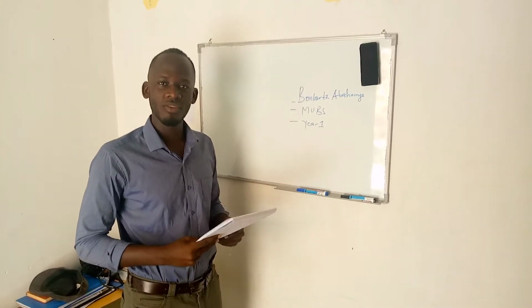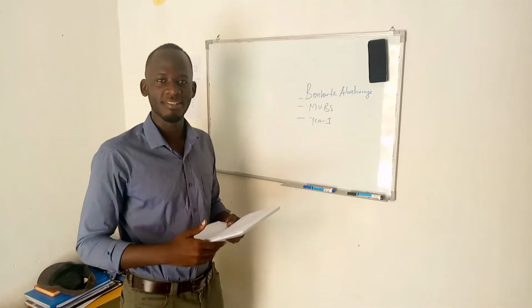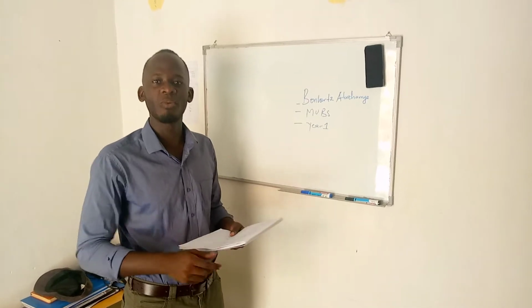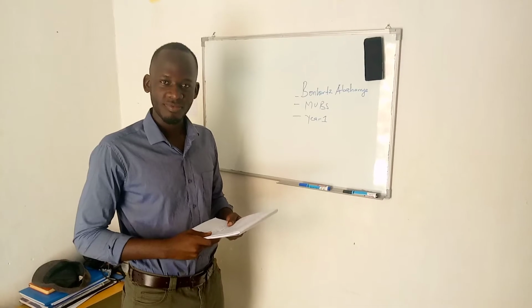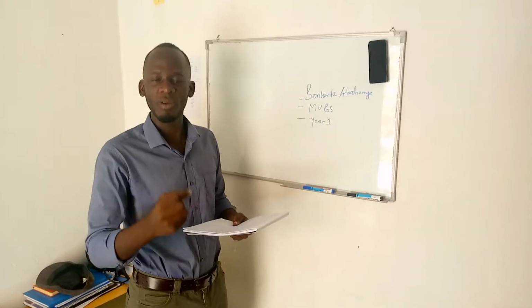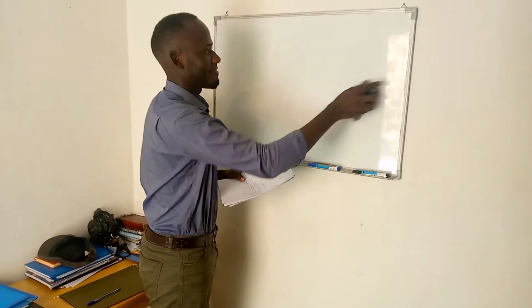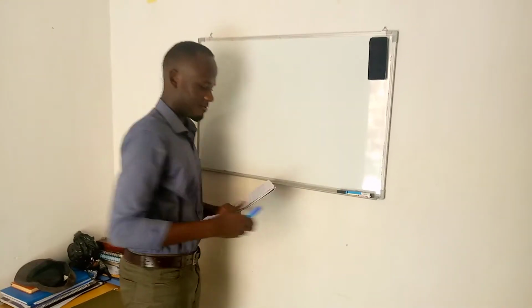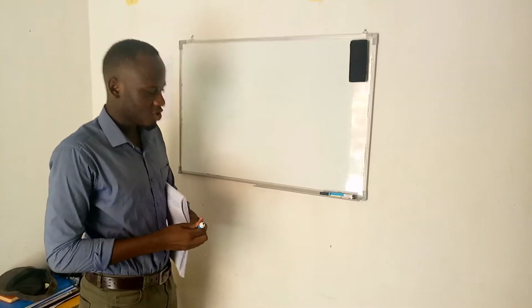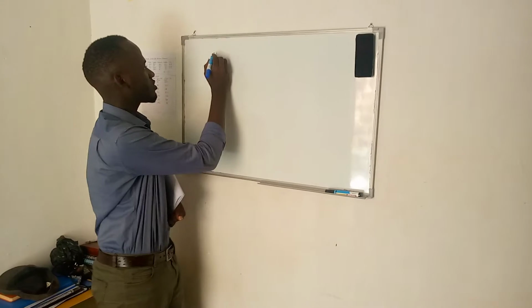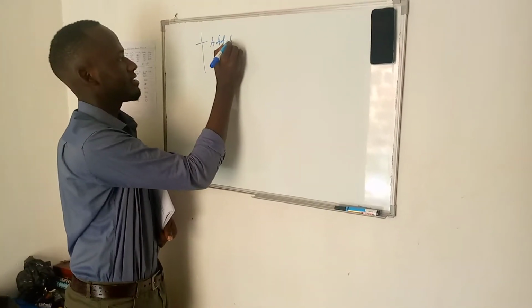So today I'll be taking you through functions, types of functions, and how functions are applied: the operations in functions, addition, and so on. We shall start from the operation of functions, where we have four operations. The first operation is addition.